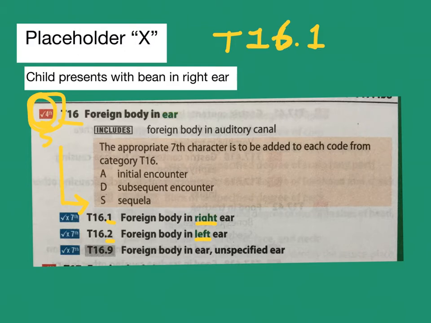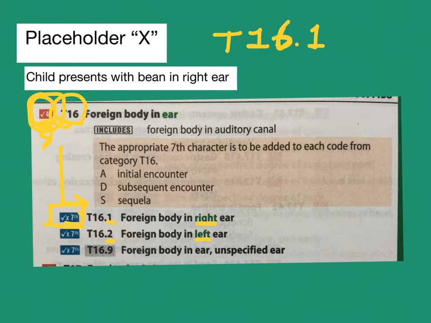But T16.1 for the right ear is our best bet. But wait, hold on a second. Next to the code, we have the blue box, check mark X 7th. This is letting us know that T16.1 is also not a valid code. Just like T16 was not valid, T16.1 also is not valid.